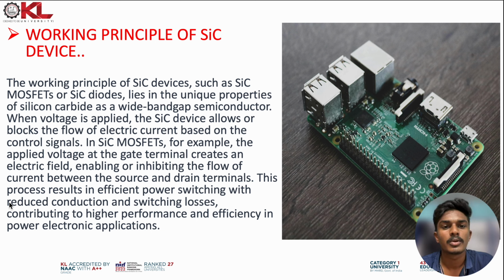In silicon carbide MOSFETs, for example, the voltage applied at the gate terminal creates an electric field, enabling or inhibiting the flow of current between the source and the drain terminals. This process results in efficient power switching with reduced conduction and switching losses, contributing to higher performance and efficiency of power electronics applications.